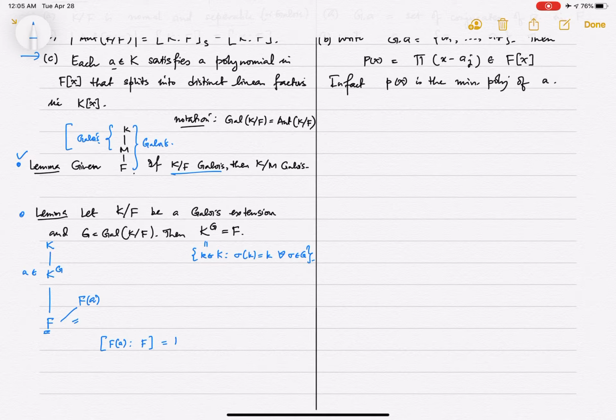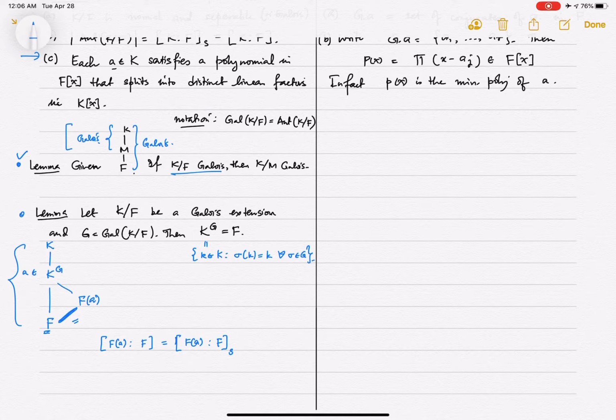That seems a strange way of arguing, but that's what we'll do. And moreover, the dimension of this vector space is the same as the number of embeddings of F(A) in the algebraic closure fixing F. The separable degree, remember? The big extension is Galois, so it's separable. So this smaller extension is also separable.